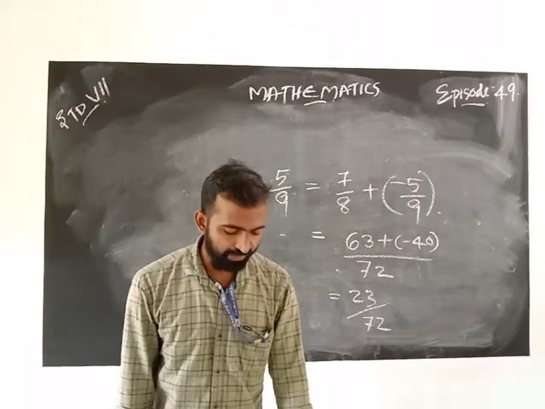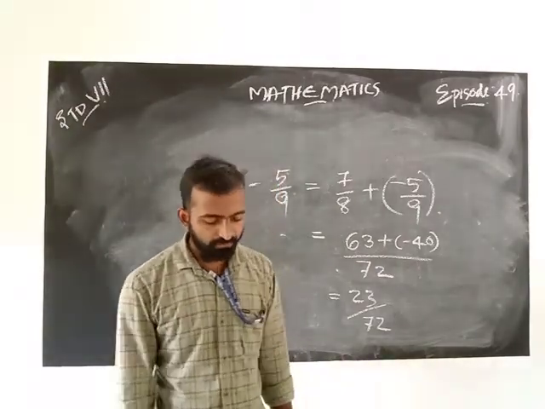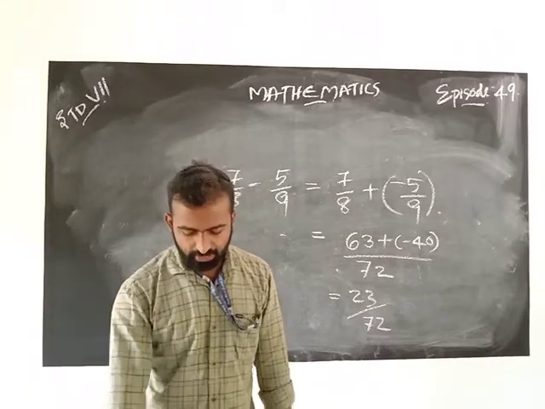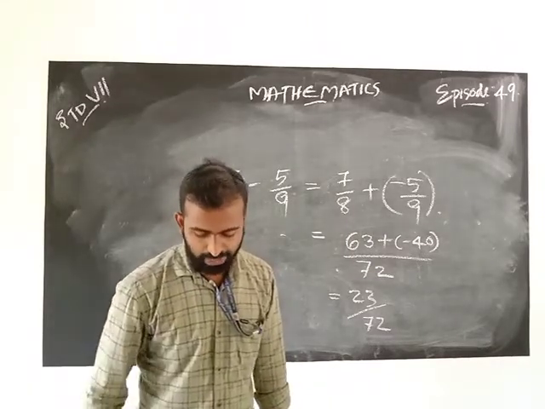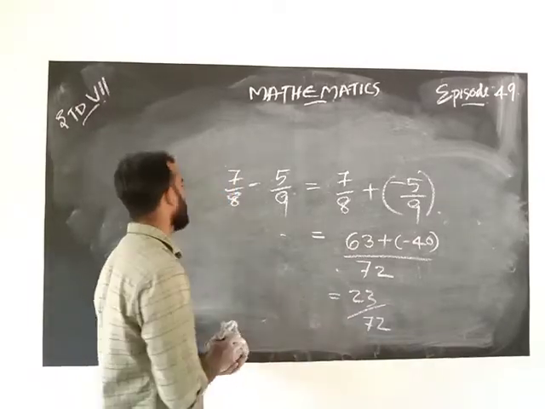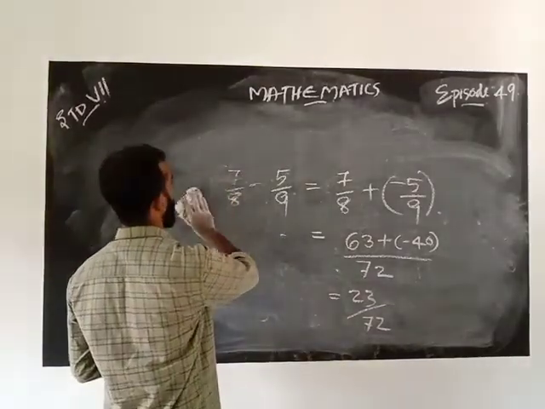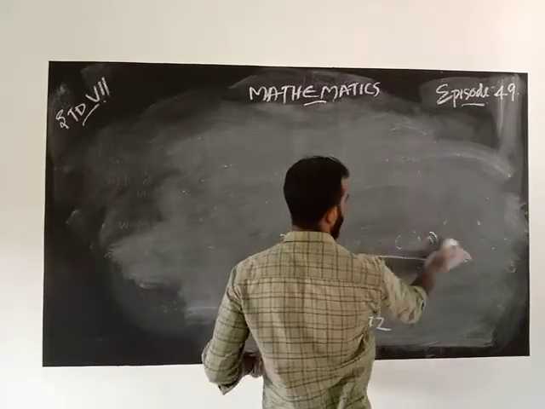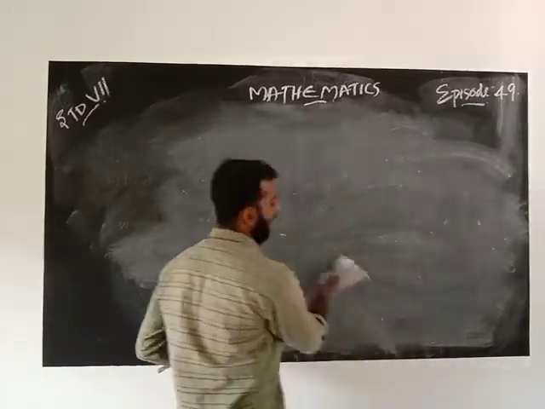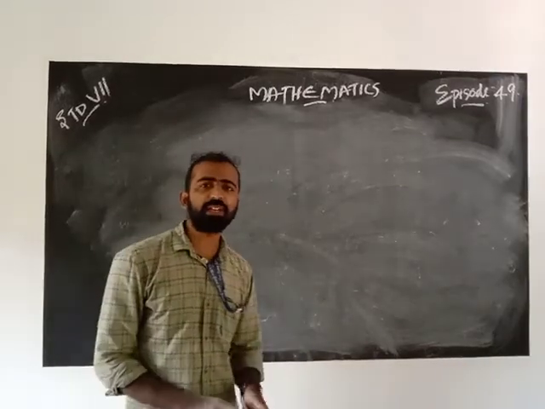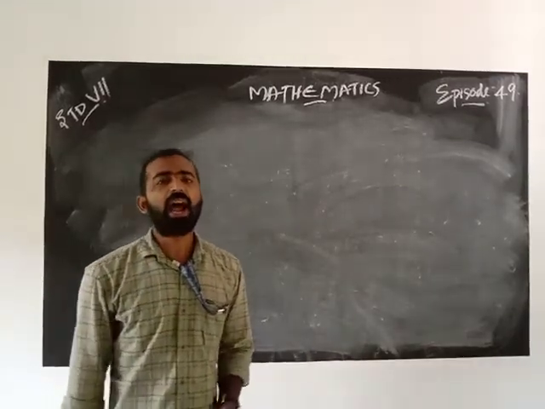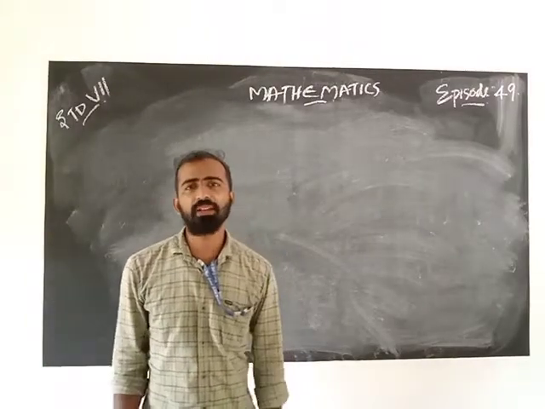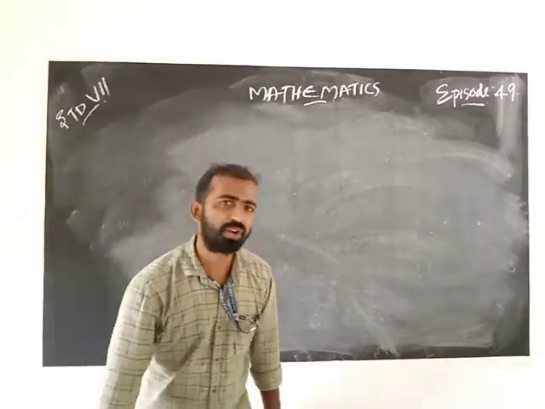That is the method. First try this: find 7 by 9 minus 2 by 5. In subtraction, which way do we find it? We take the additive inverse of the subtracting rational number and add it to the first rational number.